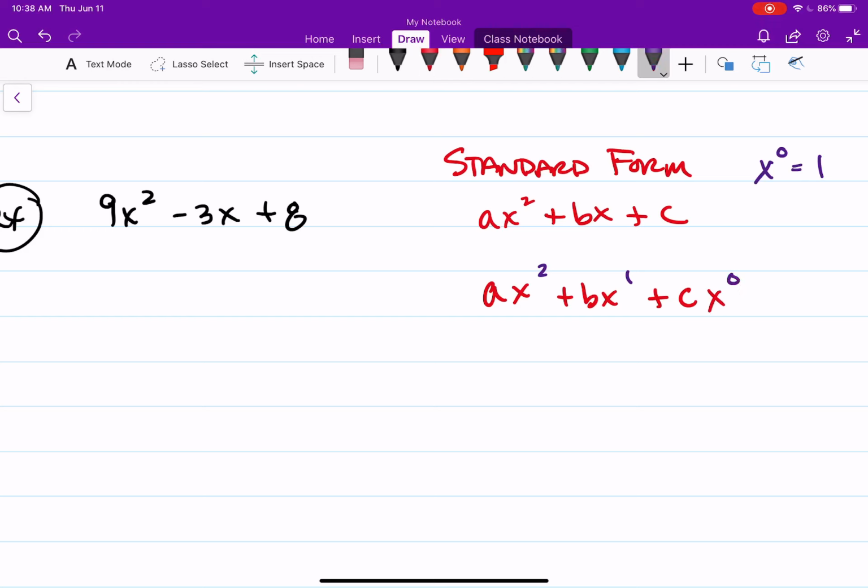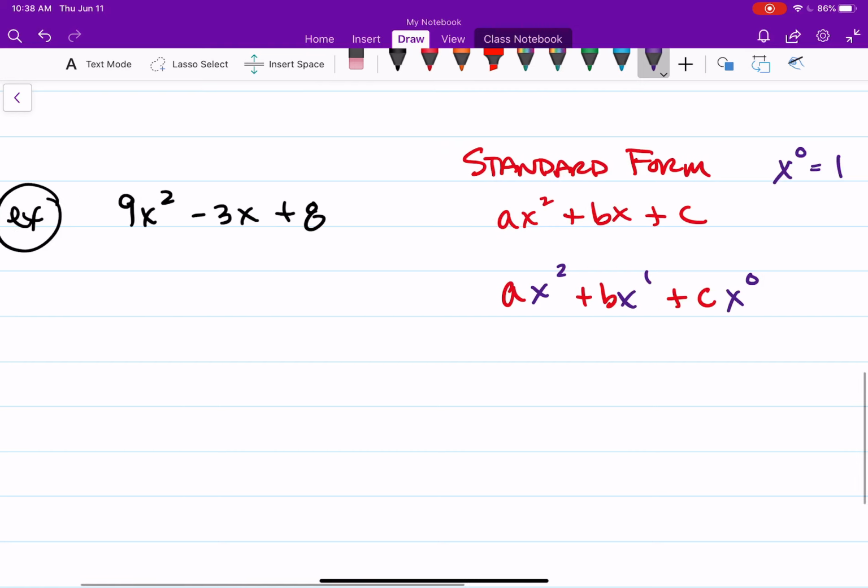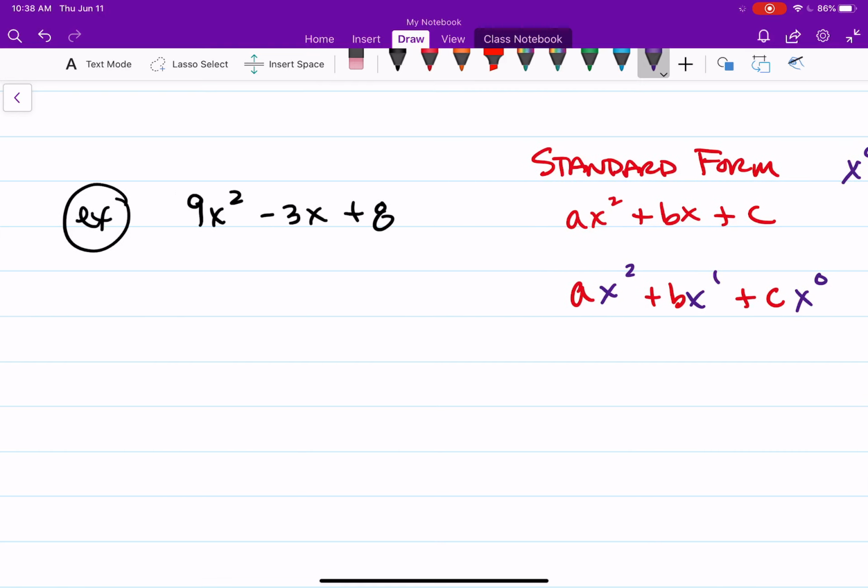Okay, so if you notice, actually, it'd probably be easier if I just make all of these purple as well. There we go. All right, so notice that the power goes from highest to lowest. Okay, so we always want to put it in standard form. So if there's an x cubed, then the x cubed would go first. Right? If there's an x to the fourth, then x to the fourth would go first. Okay?